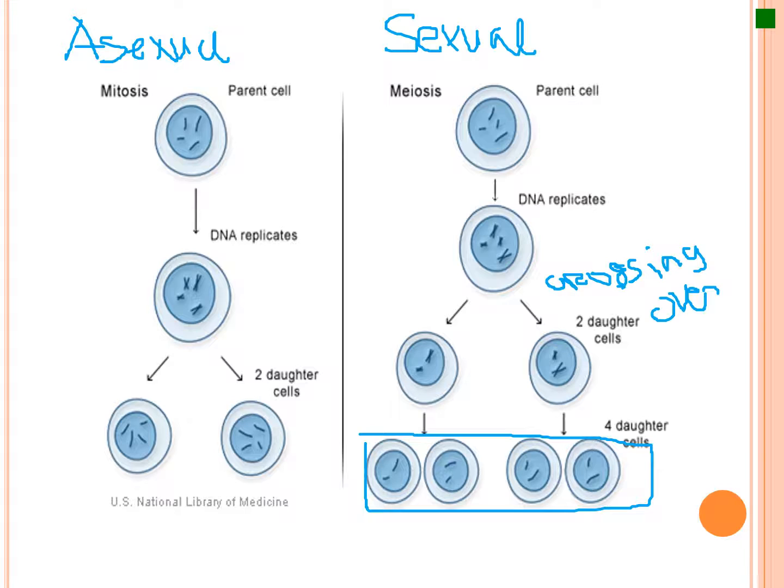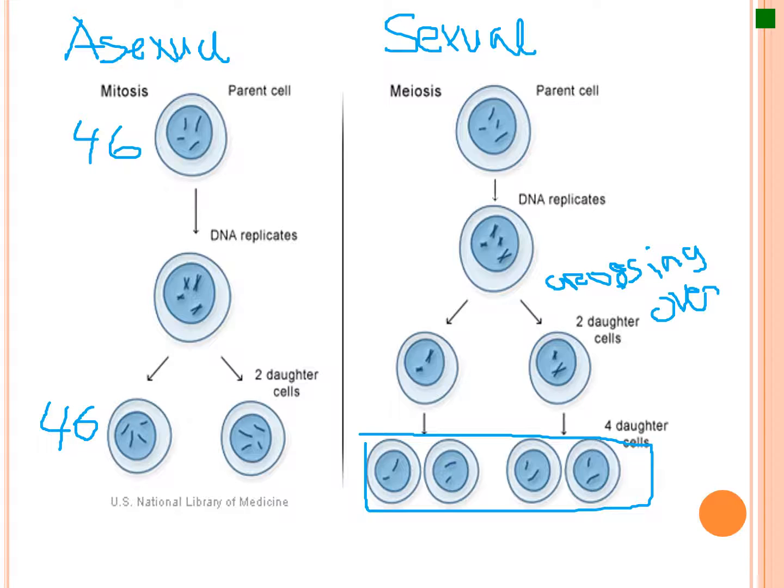In mitosis, assuming they're human, you start off with 46 chromosomes and you end with 46 chromosomes. In this example, we've got 4 chromosomes and 4 in the offspring.